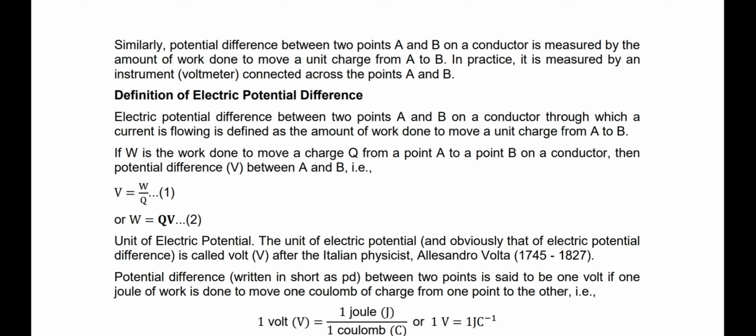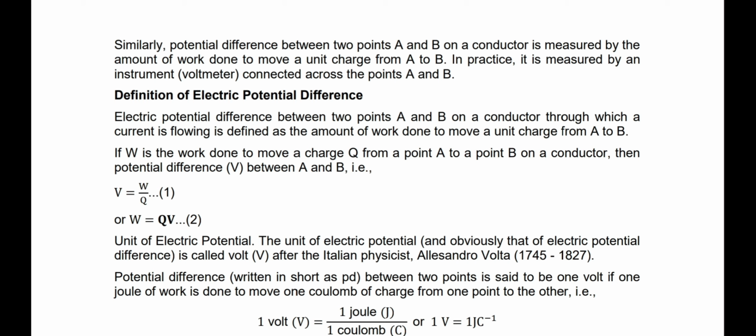It means consider two points A and B, and from point A to B suppose current is flowing, then it is the amount of work done in moving a unit charge from A to B. Means we have to think about the amount of work done in moving a charge from point A to point B. Suppose we are doing W amount of work in moving a charge of Q from point A to point B, then how can potential, work done, and charge be interrelated?